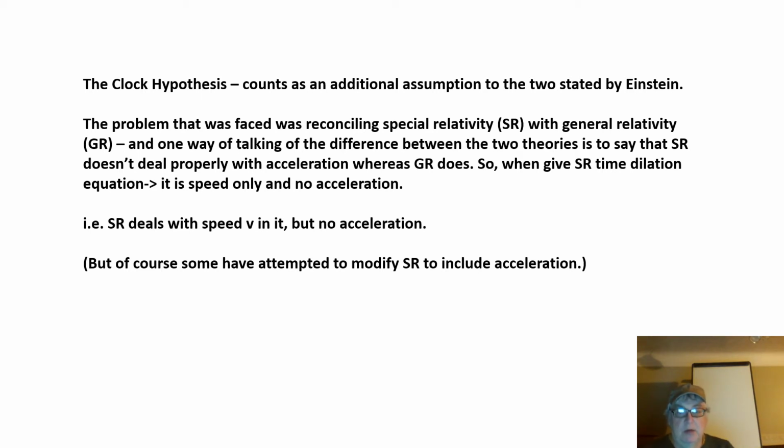So when you give the special relativity time dilation equation, it's only speed involved in that equation and not acceleration, i.e. special relativity deals with speed v but not acceleration. But of course some have attempted to modify special relativity to include acceleration.